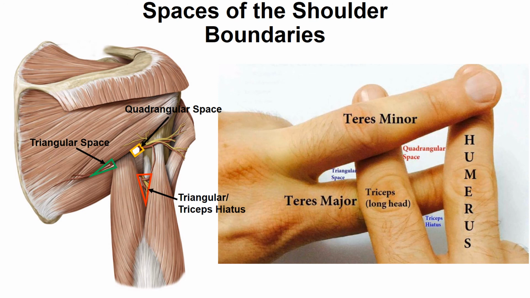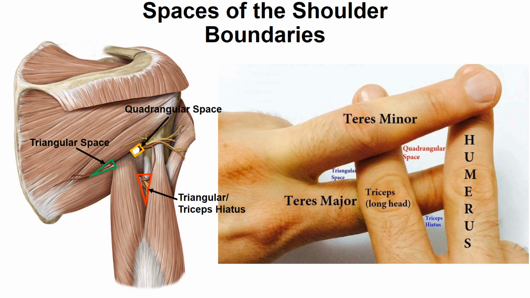And using these four muscle groups, we have three spaces we need to know: the quadrangular space, the triangular space, and the triangular hiatus, also referred to as triceps hiatus by some. Pick which one you want, doesn't matter to me. So probably the easiest one to see is going to be your quadrangular space. This is the one that's going to have all four of these muscles create a boundary.